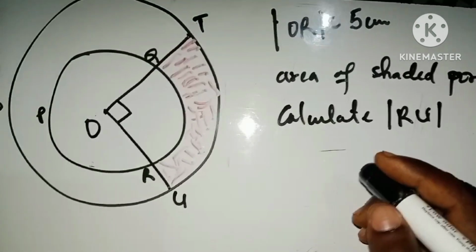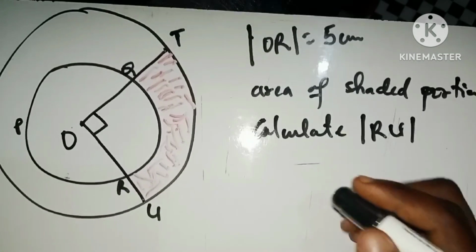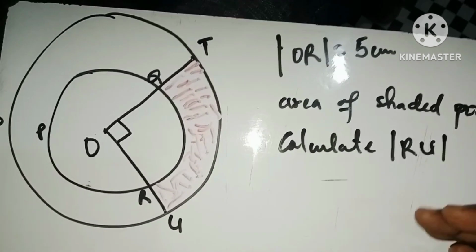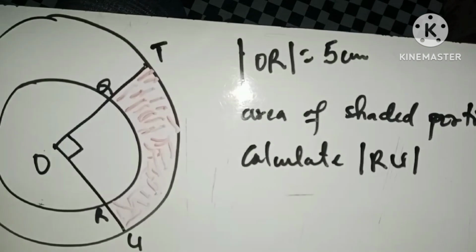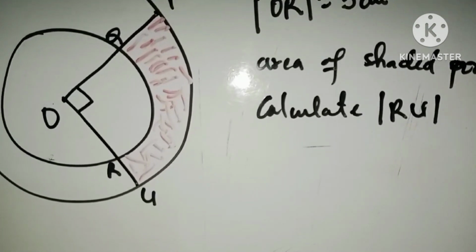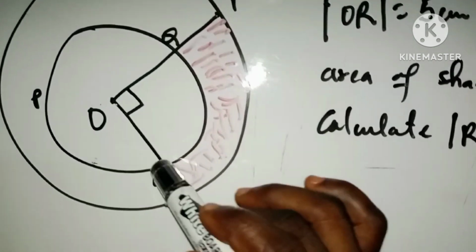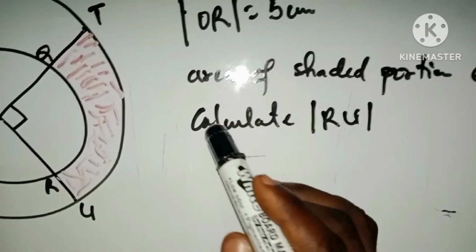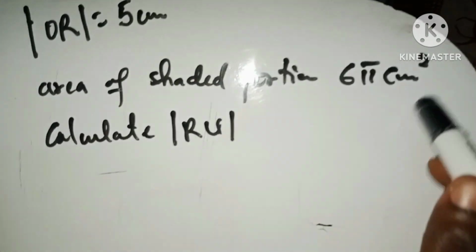This question here may look a little bit horrible, but all that matters here is to understand the trick and how to apply it. With the information that we have, you have OR to be 5 centimeters, and the area of the shaded portion is 6π square centimeters, right?